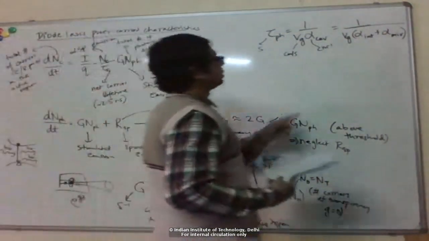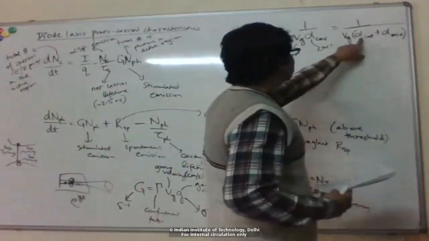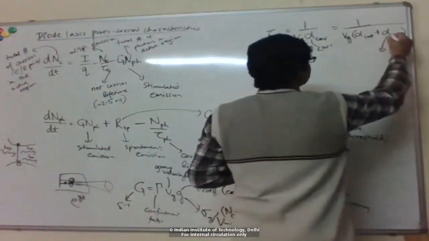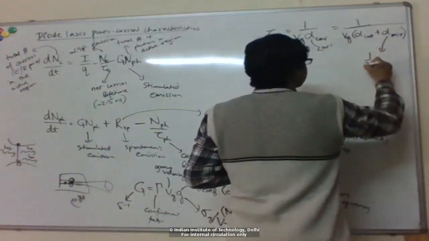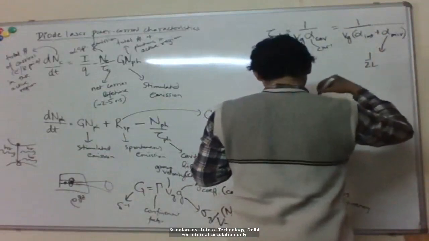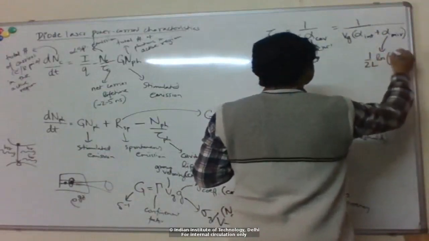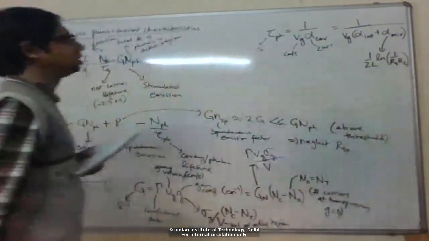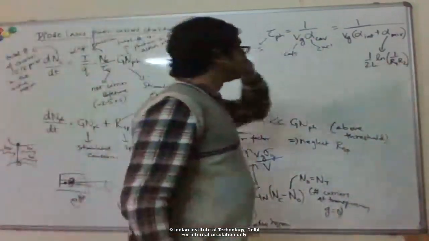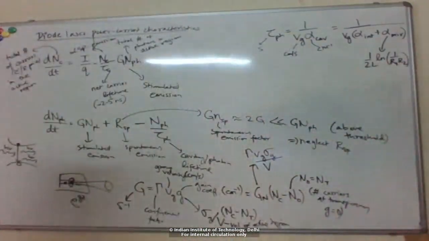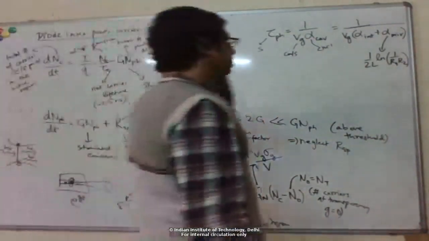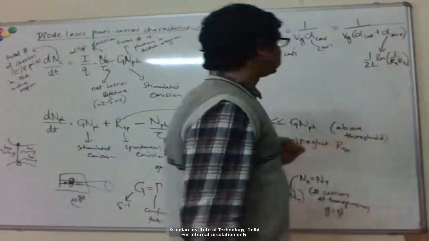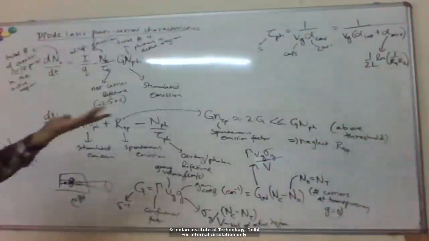The internal loss coefficient depends on scattering losses and absorption losses due to defects, etc. This mirror loss, recall, was like this. It depends on the mirror reflectivities R1 and R2, as log of 1 divided by the product. So if my reflectivities are high, then this alpha mirror is small, and vice versa.